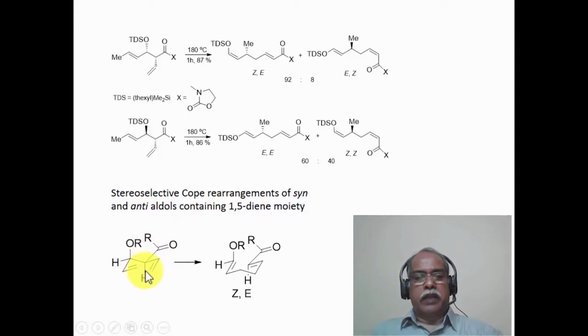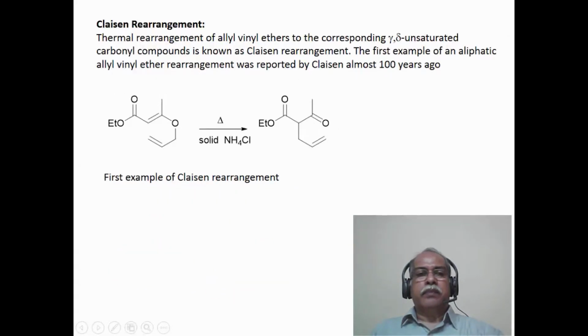When the 3,3 sigmatropic rearrangement takes place, the carbon-carbon bond formation takes place between these two carbon centers, which produces, for example, the Z isomer of this olefin and the E isomer of the other olefin. So this alpha beta unsaturated ketone is the E isomer, whereas this enol ether is the Z isomer, which is formed as a result of the rearrangement, which can be explained by forming the 6-membered cyclic transition state in the chair form to give this.